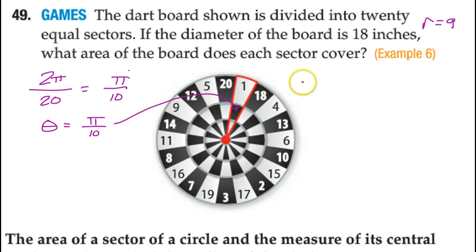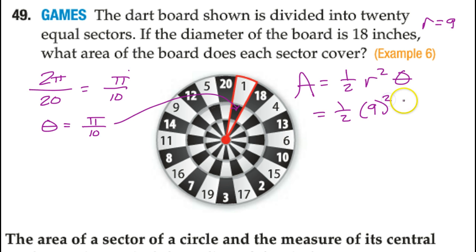So now we can find the area of each sector. The area of a sector when the angle is in radians is 1/2 r squared theta. So that's going to be 1/2, the radius is 9, so 9 squared times pi over 10.